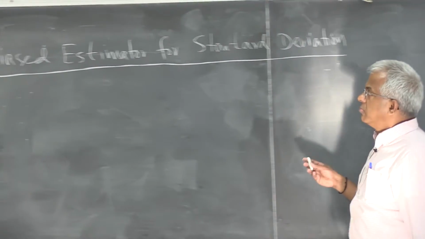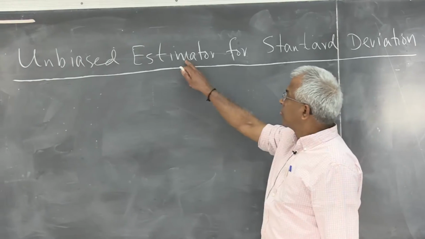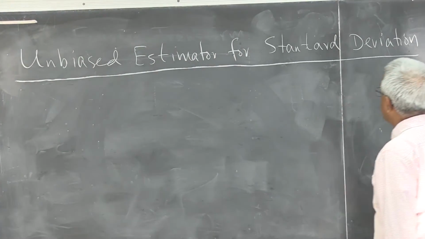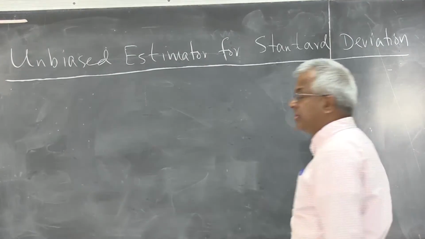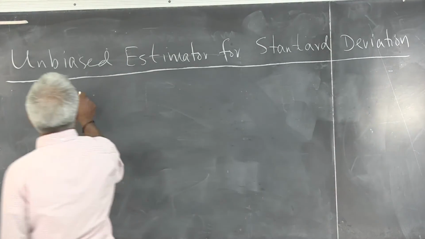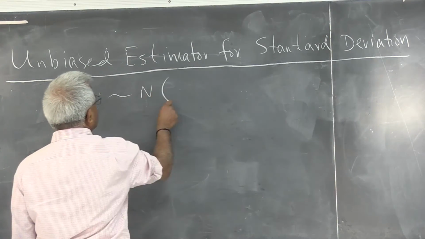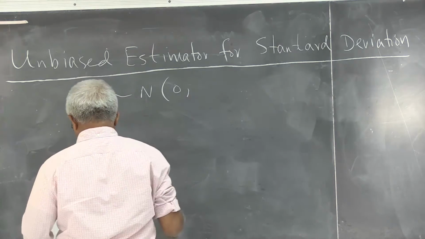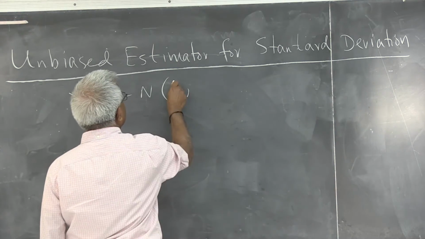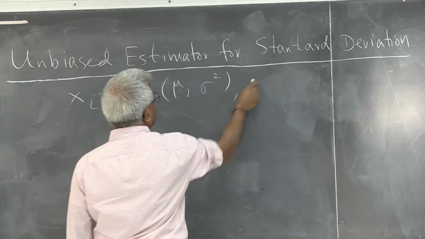Let's look at this problem, where the task is to figure out the unbiased estimator for standard deviation. To start with, the observations are all Gaussian with some mean mu and variance sigma squared.